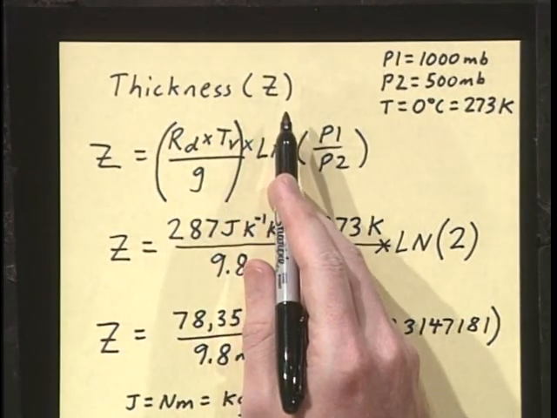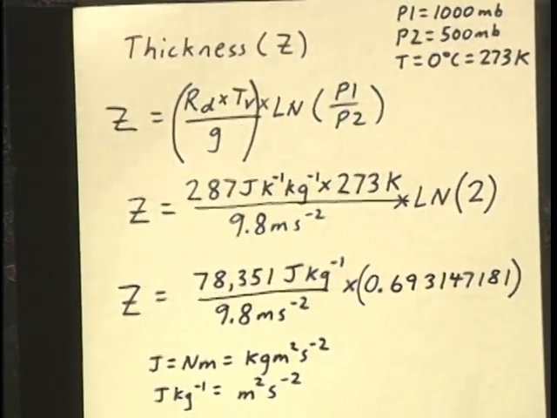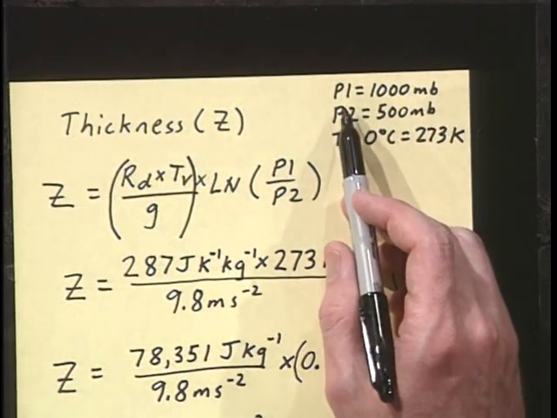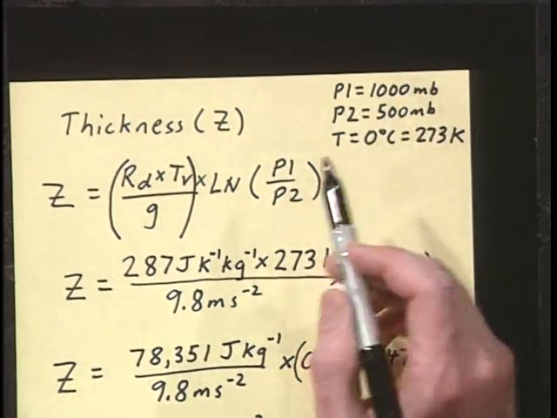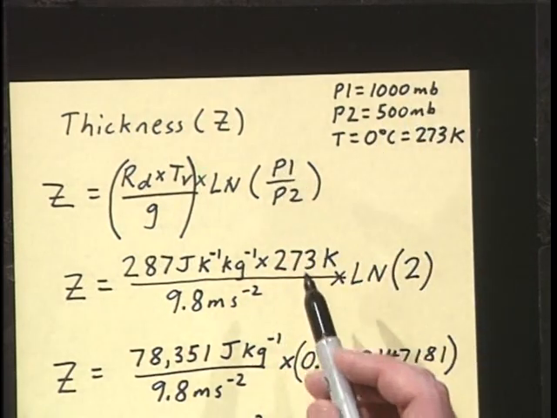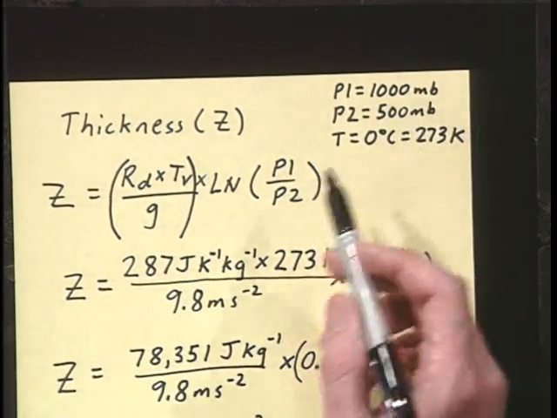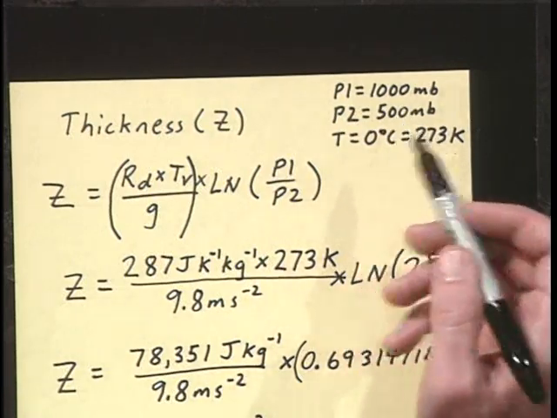Thickness is denoted with Z, and you'll want to write all this information down. What I have here at the top is our knowns. We know that the P1 value is 1,000, so the bigger number is going to be on the top. And the P2 is 500. So there's our ratio between P1 and P2, 1,000 and 500.